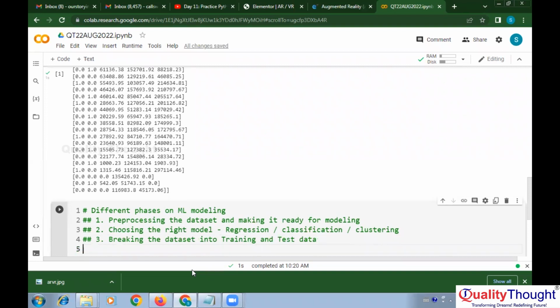Okay, so what does that mean? This is one line. This you can include as part of 2A only. It's not as significant to call it a different step. You call it 2A or 2B or whatever, part of the second step only. Okay, you're choosing the right model.